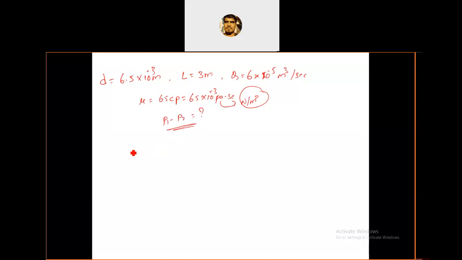Use the equation. Q is equal to pi r to the power of 4 divided by 8 mu dp by dx, from the data handbook.